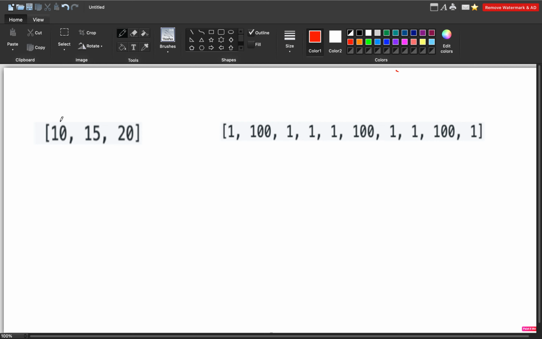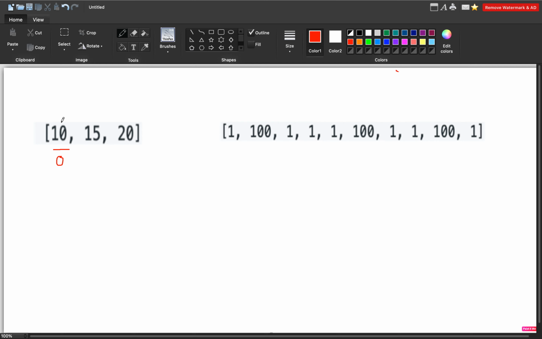We are given in the question that we can start from the 0th index or the first index. If we choose to start from the 0th index, you are currently standing here, so what is the minimum cost to reach here? Since you are already standing here, no cost is included, so the cost will be 0 initially.